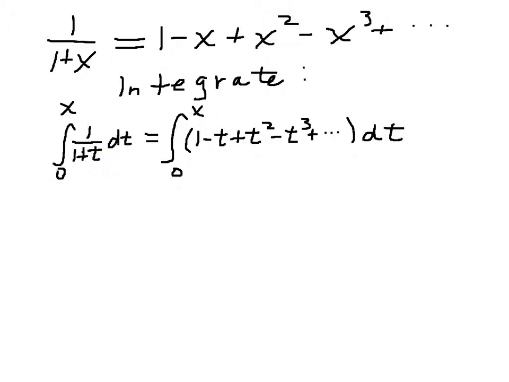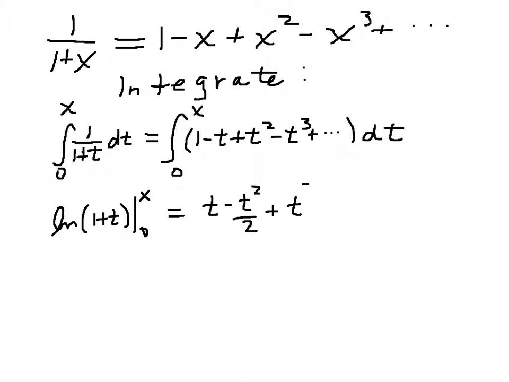When we do that, we get the ln of 1 plus t from 0 to x is equal to the integral of this side, which is t minus t squared over 2 plus t cubed over 3, and so on. And we integrate that from 0 to x.